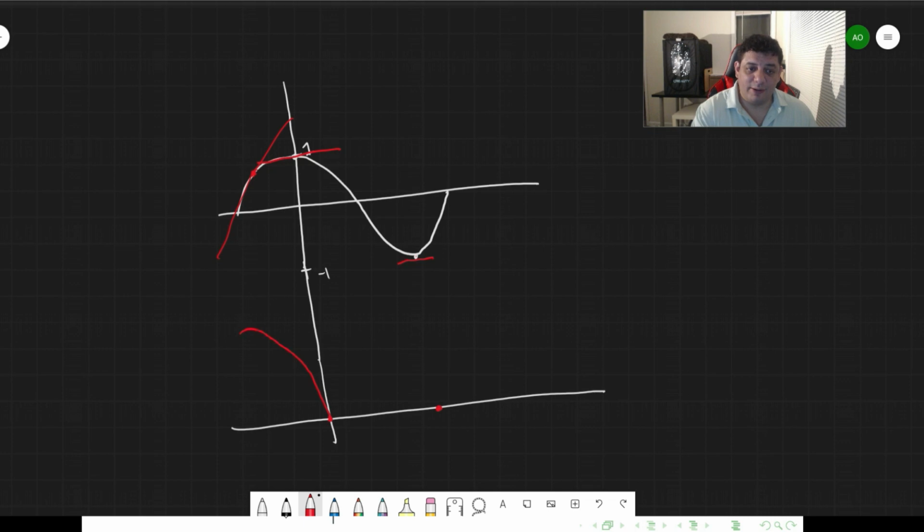Then notice in all this piece, if I take a point here, or a point here, or a point here, the tangent line is going down. So that means that the slope is negative. Remember, y equals mx plus b, which is a line. If m is positive, you have something like this. If m is negative, you have something like this. Okay, so in these cases we have negative slope, so that means that f prime is negative.